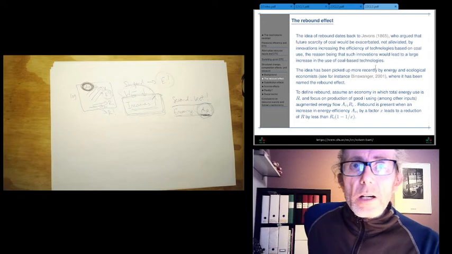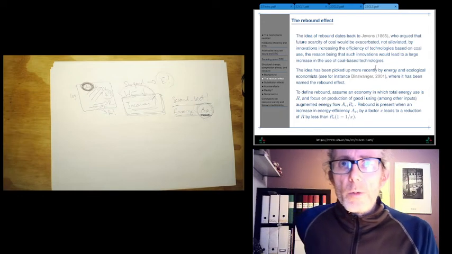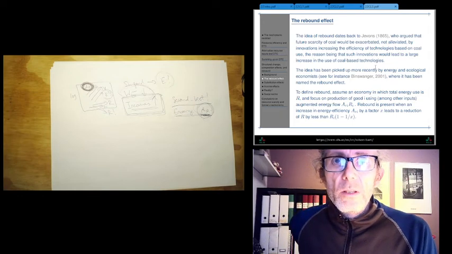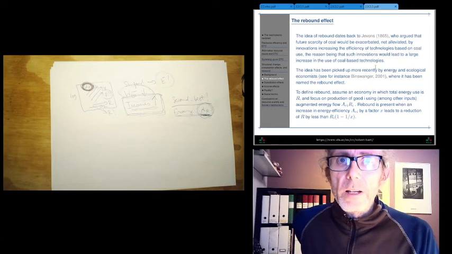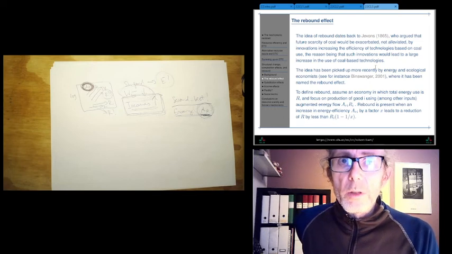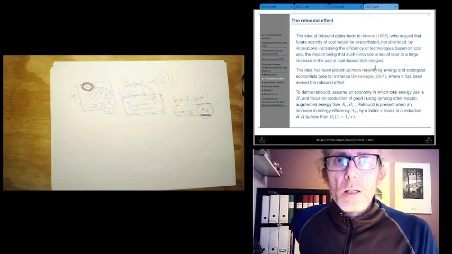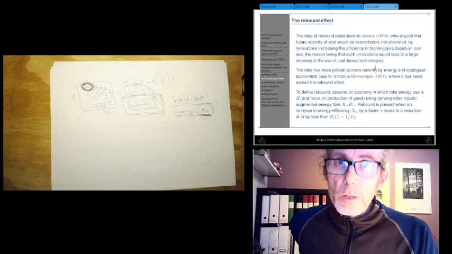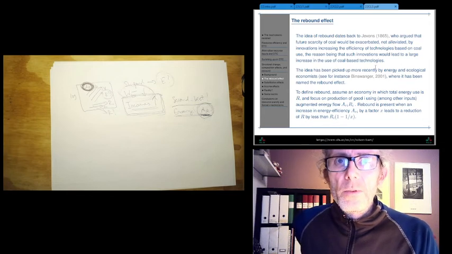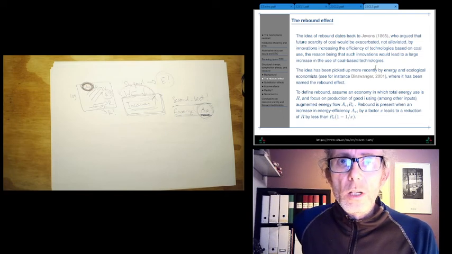But the idea has been picked up more recently by energy and ecological economists, where it's been named the rebound effect. And here we're much more thinking about the consumption side of the economy. So to define, typically anyway in this rebound literature, assume an economy in which total energy use is R. Focus on production of good I using, among other inputs, augmented energy flow, ARI, RI.